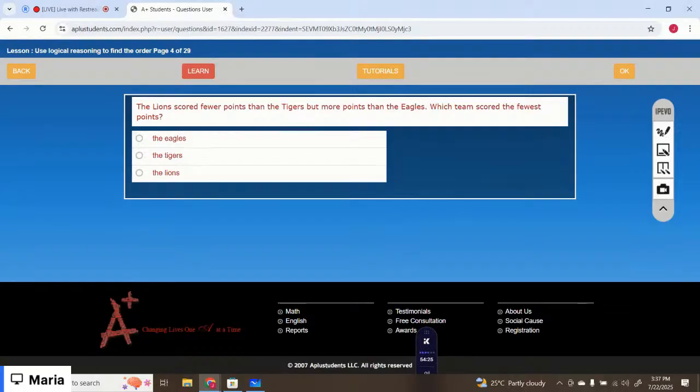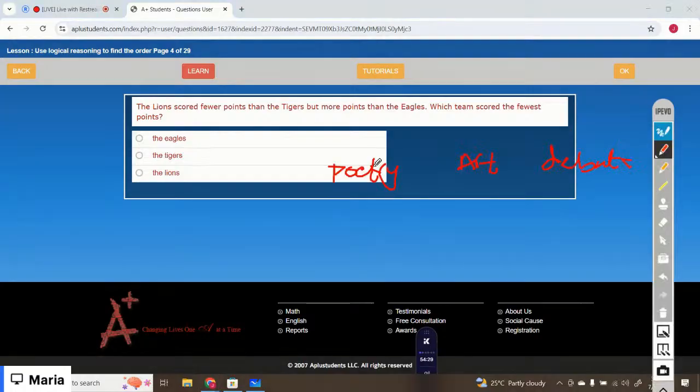The Lions scored fewer points than the Tigers, but more points than the Eagles. So the Lions scored fewer than the Tigers, and the Lions scored more than the Eagles. Which team scored the fewest points? So which is the correct option?